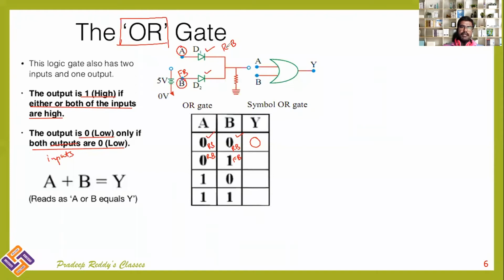If A is reverse bias and B is forward bias, this one does not conduct, but this one will conduct. As a result, you are able to see output. Output will be 1. Therefore, for 0 and 1, you will get 1 as output. That is the second logic.